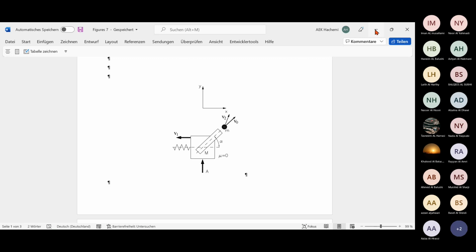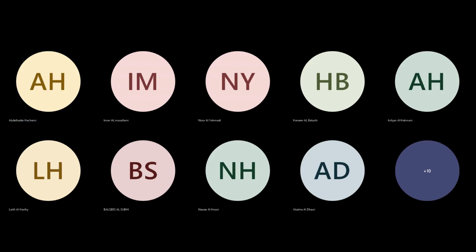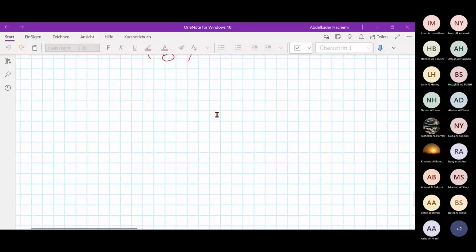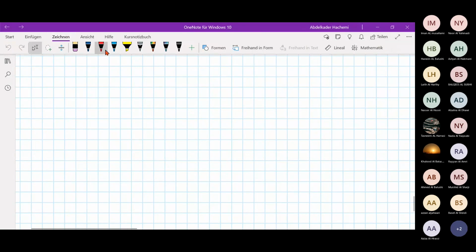Now coming to the solution, we have here exercise 2.